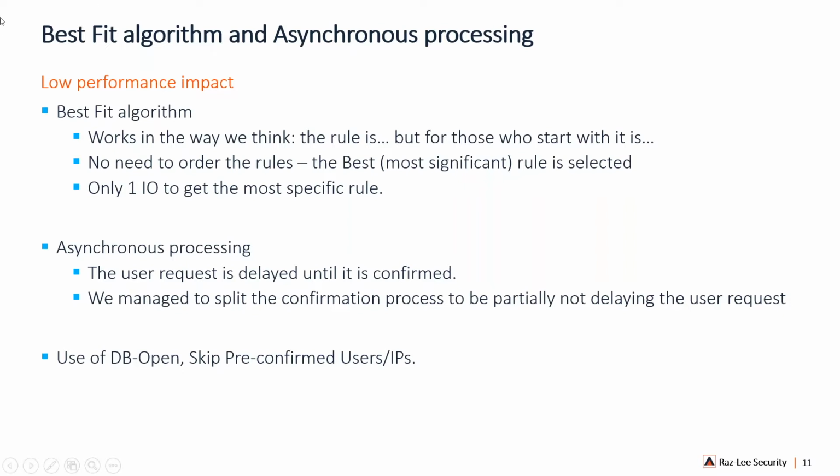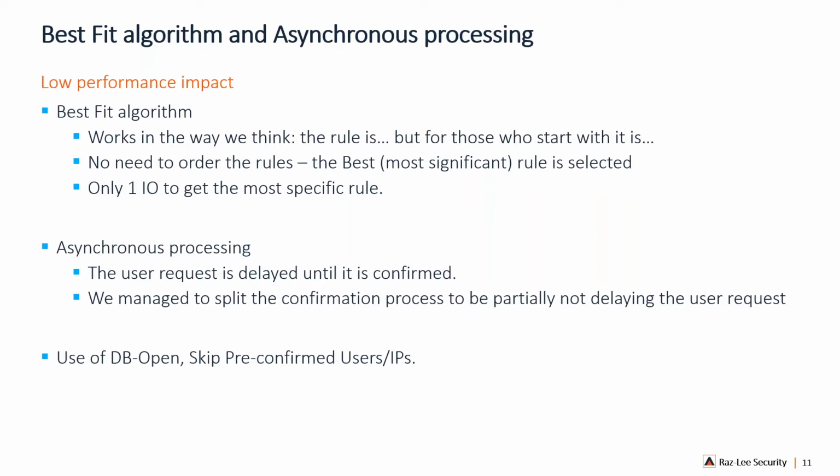This way, we don't have to order the entries. The rules are not ordered. They are being picked automatically. The most significant one is taken when it is needed, and actually it takes us exactly 1 IO to find out the best solution. How we do that is not important, but think about the alternative.